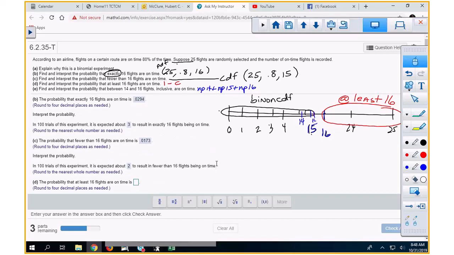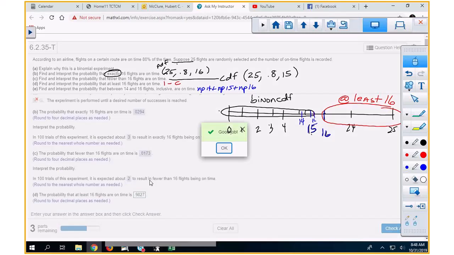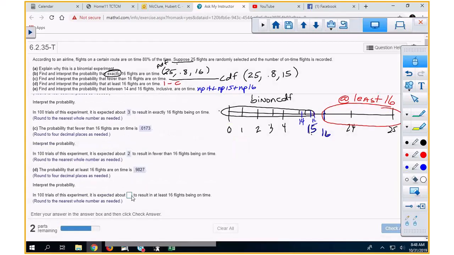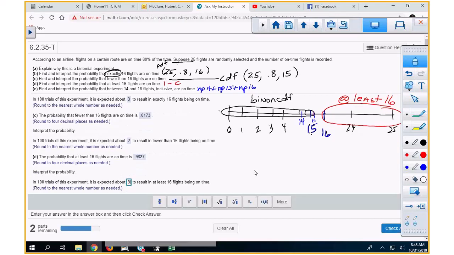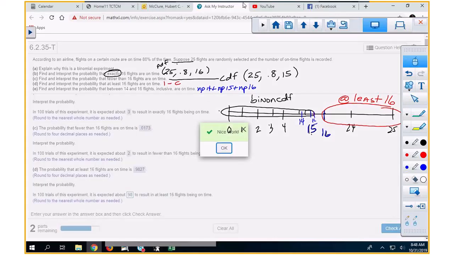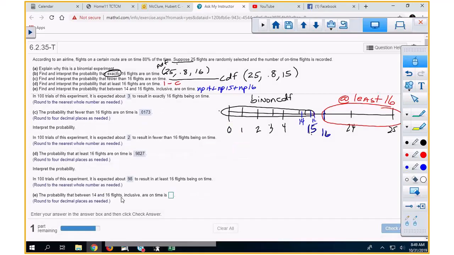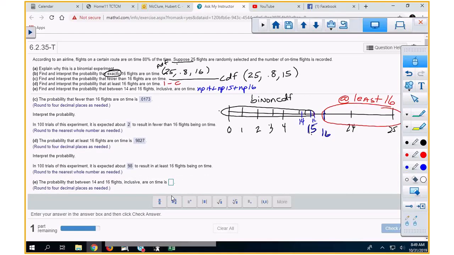Yeah, it is. .9827. And somebody do 14 through 16 for me. What do you get? Add them all up and tell me what you get. 4 digits.